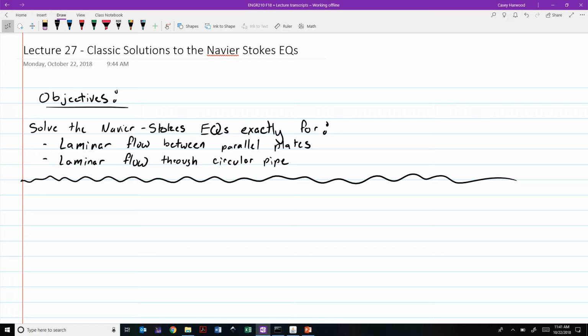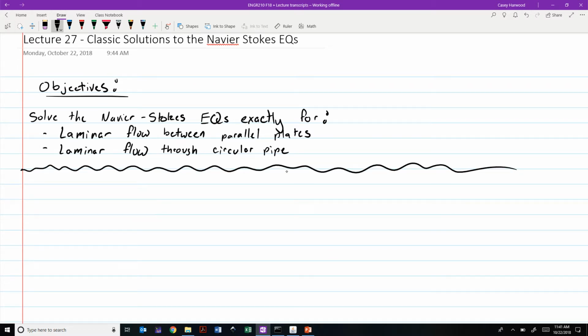Today we're going to focus on using Navier-Stokes to solve two idealized problems: laminar flow between parallel plates and laminar flow through a circular pipe. The idea of laminar flow is something I'll expand upon, but it simply means smooth, continuous flow as opposed to turbulent. But we'll get into that more later.